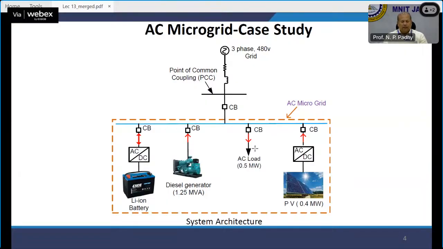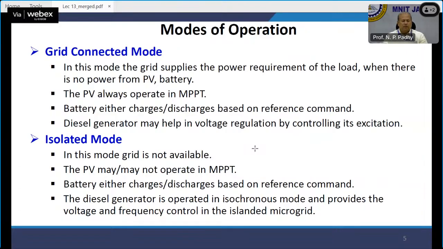So at a given point of time, the diesel generator is feeding the grid, PV is feeding the grid, load and battery. Battery is bidirectional, the rest are unidirectional. When you see the modes of operation, one is grid-connected mode, just to understand once again before we go for PHIL.